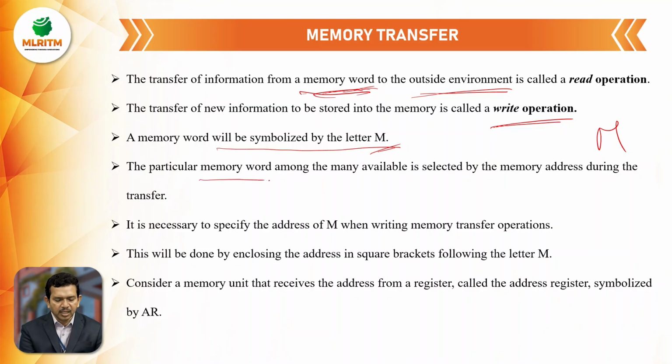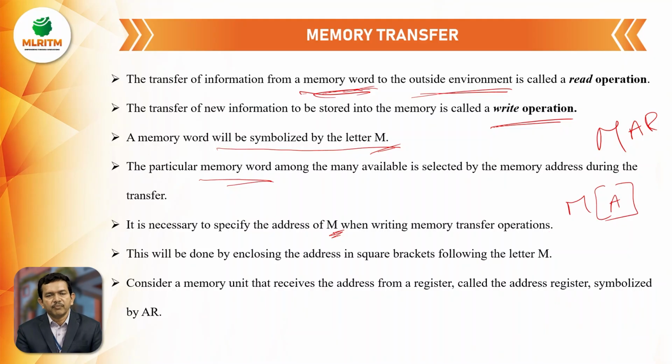Next, the particular memory word among the many available is selected by the memory address during the transfer. As I told you, we have seen the MAR register. What this MAR register indicates is that the memory word among the many available is selected by a memory address during the transfer.